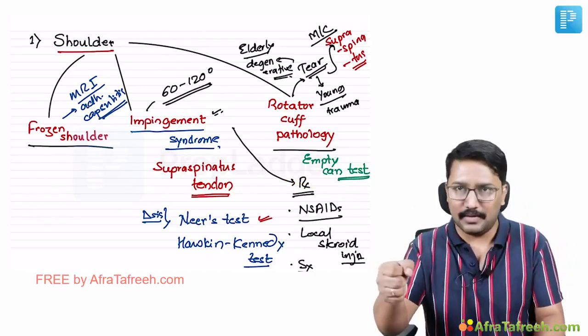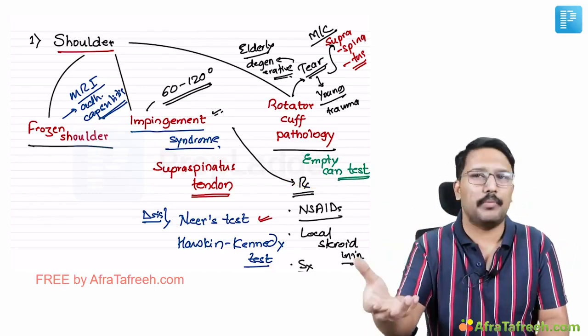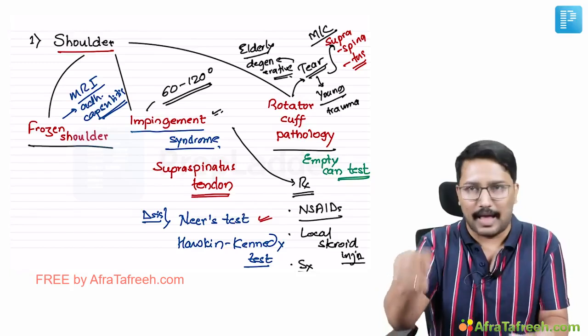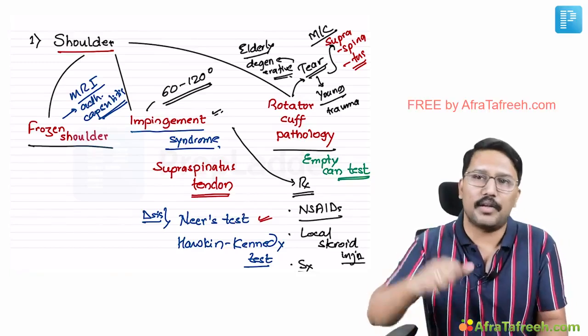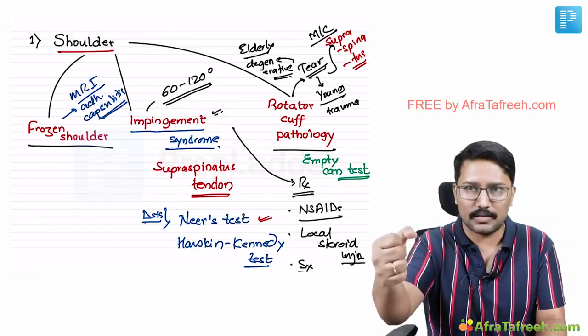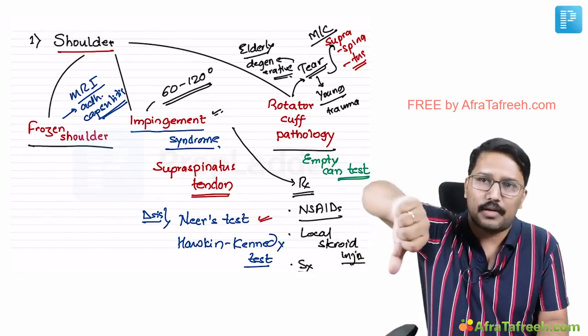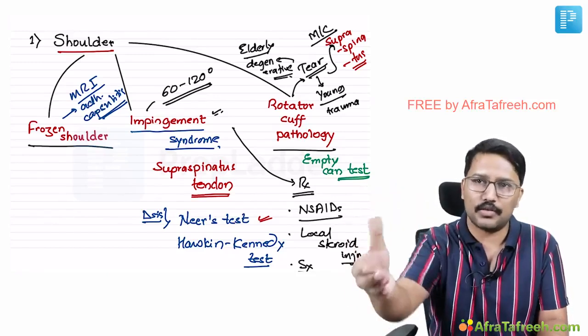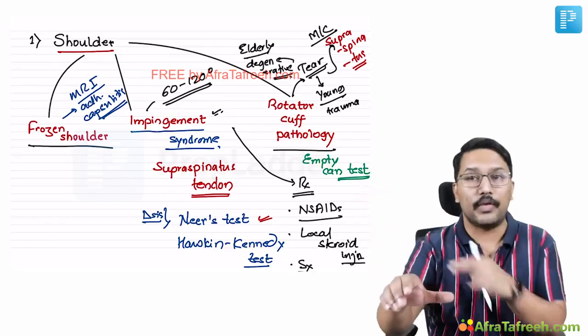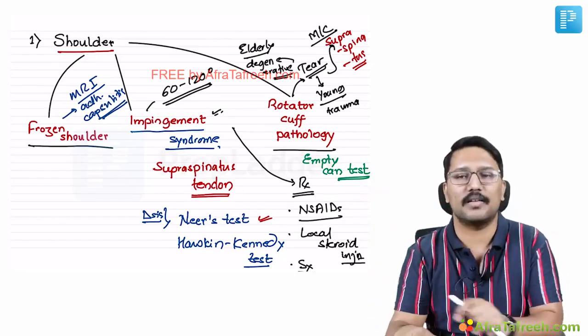What is the empty can test? If I give you a can, maybe a beer can or a can of oil, and ask you to empty it, what do you do? You hold the can like this or like this, and then you try to empty it. When we do this movement, that triggers the pain.